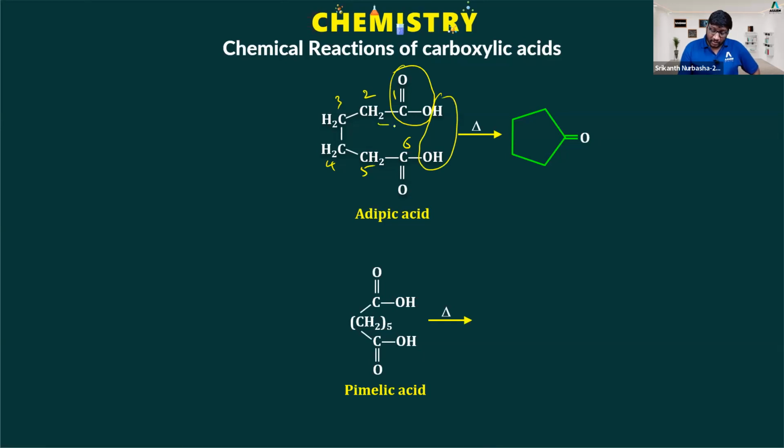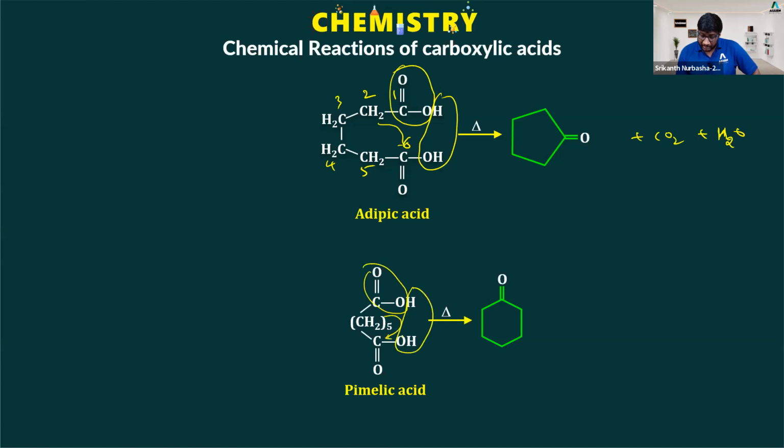Ultimately, you have to connect this carbon with that carbon, and you get cyclic ketones. Carbon dioxide and water, both CO2 and H2O, are lost. The CH2 minus is going to attack this particular carbon, and loss of water occurs. Whenever you do it with a 6-membered ring, CO2 is lost, H2O is lost.